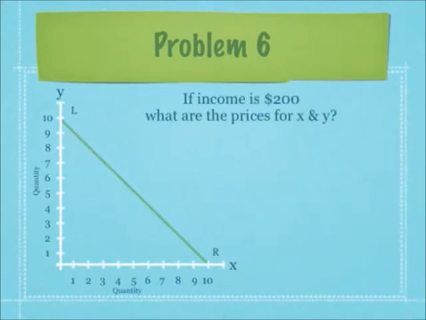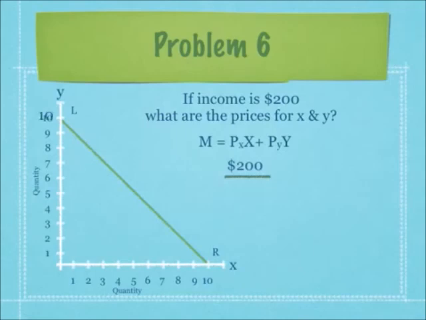Now it kind of changes a little bit. They ask, if the income is $200, what are the prices for x and y? The equation is income is equal to the price of x times the quantity of x plus the price of y times the quantity of y. So let's take $200 and divide that by 10.